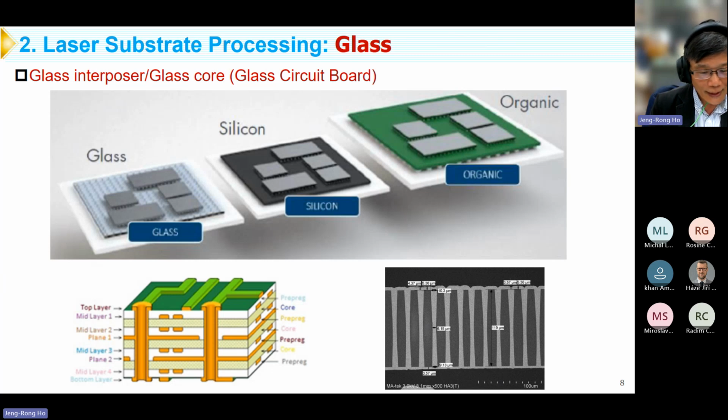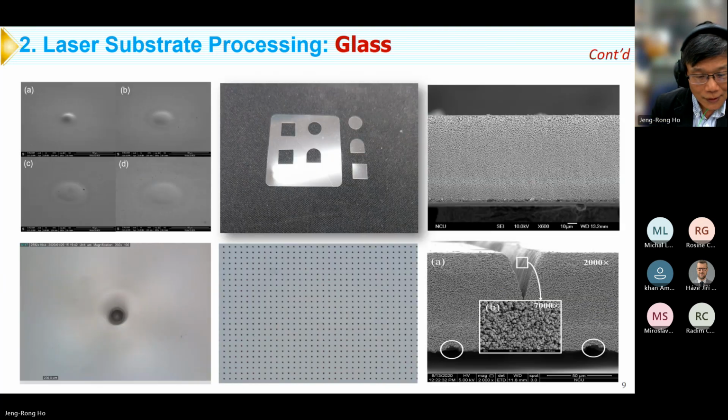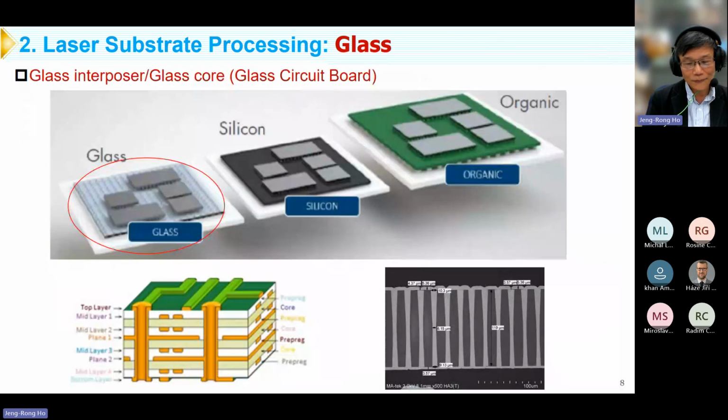And this slide highlights one application of glass substrate. The key technique is the glass interposer, and also glass core substrate.